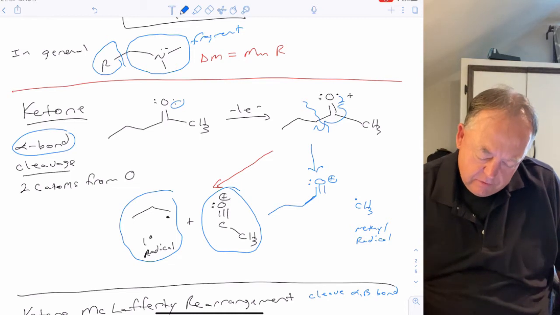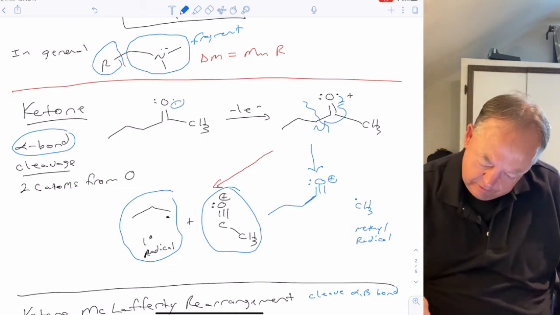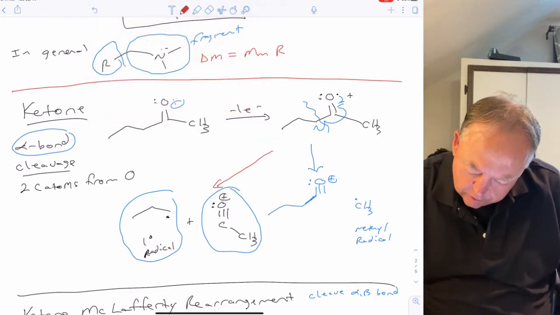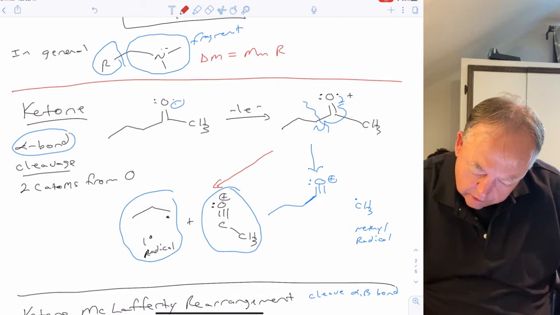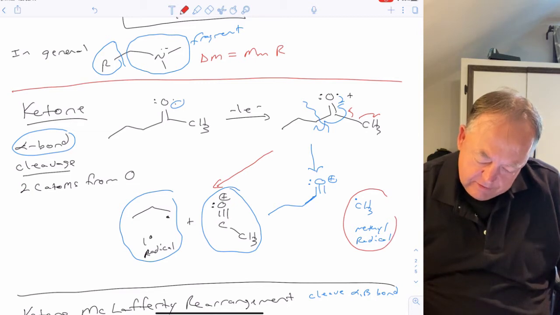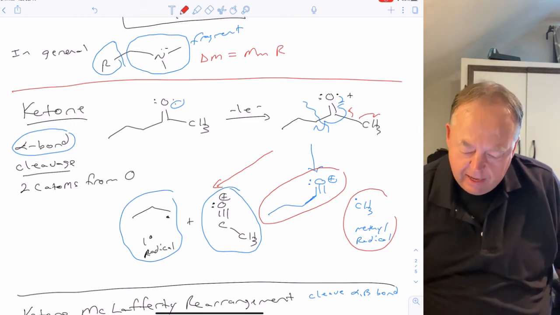in the mass spec. Of course, it could have cleaved the other alpha bond. So you could have taken one of these electrons, and then you would have gotten a methyl radical out. Those two fragments would have different masses.